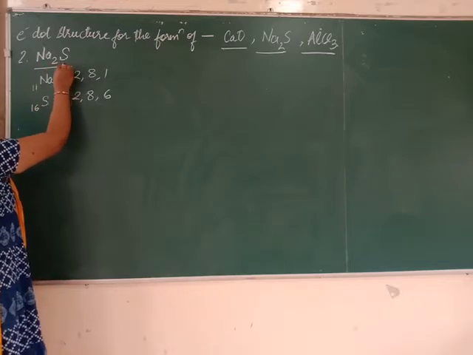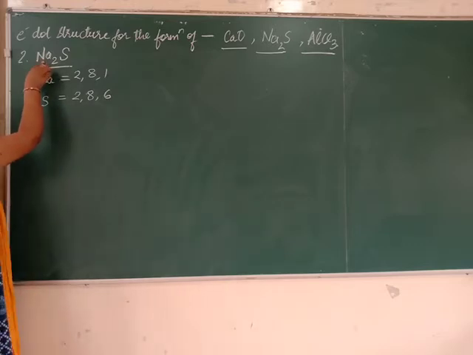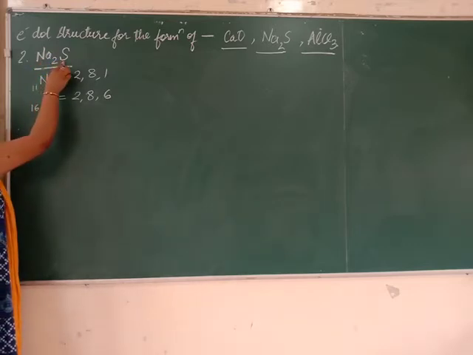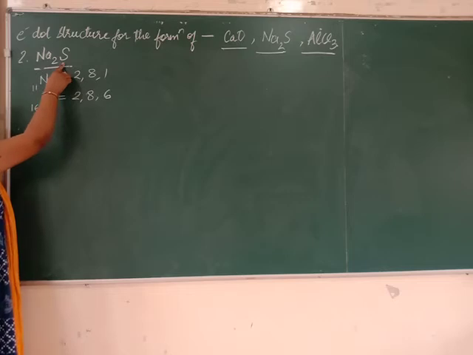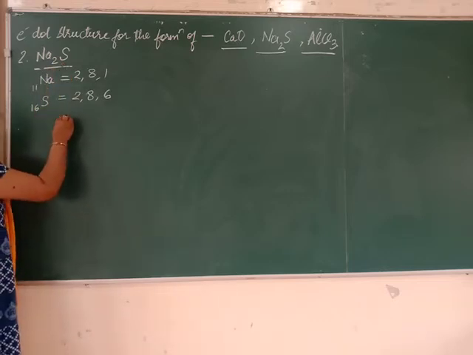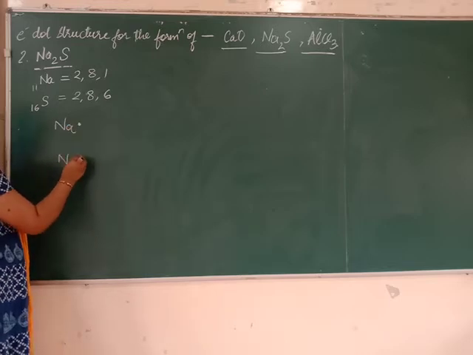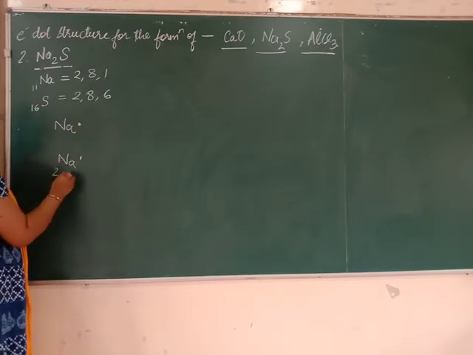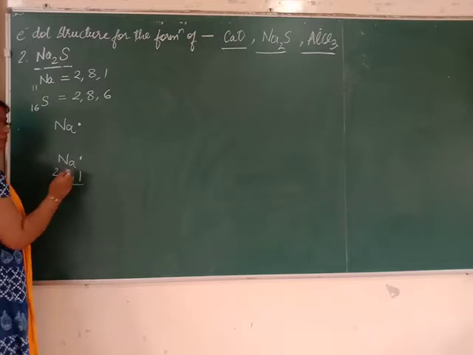Carefully. In one molecule of sodium sulfide, there are 2 atoms of sodium and 1 atom of sulfur. Do not make a mistake. Two atoms of sodium will combine with 1 atom of sulfur. It is a general mistake. That means we will take 2 sodium atoms like this. Each sodium atom contains 1 electron in the outermost shell, because this is the configuration.